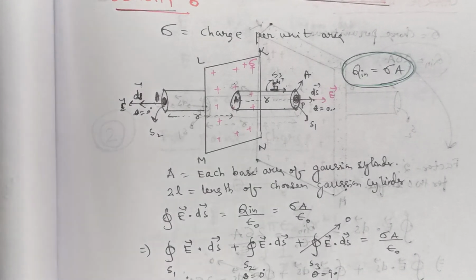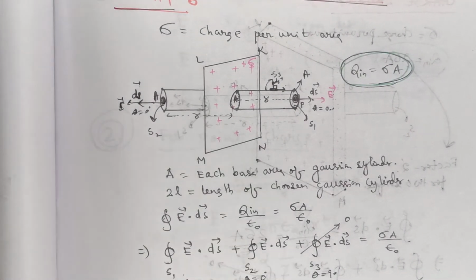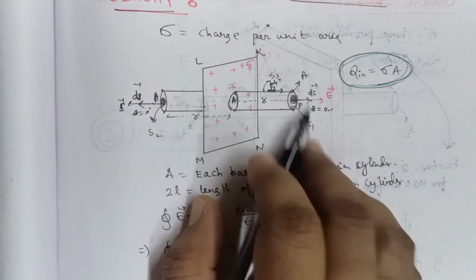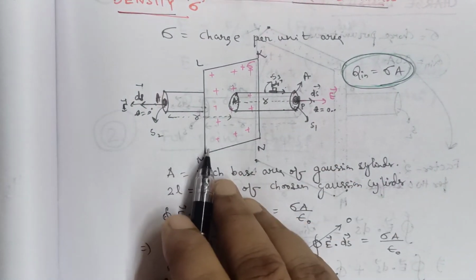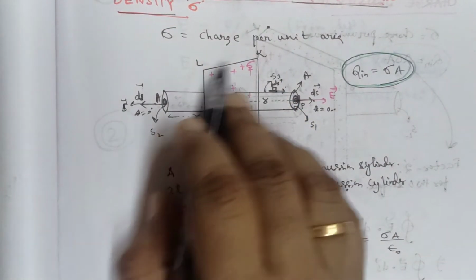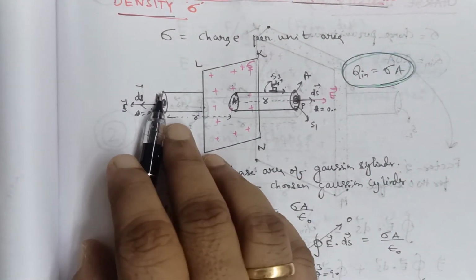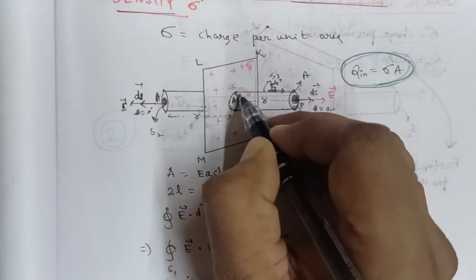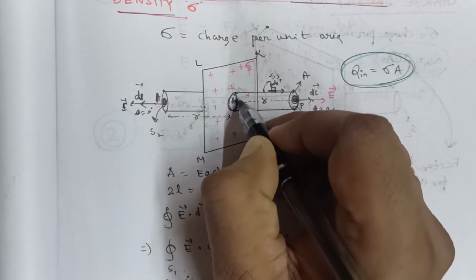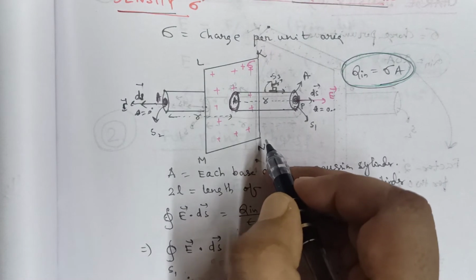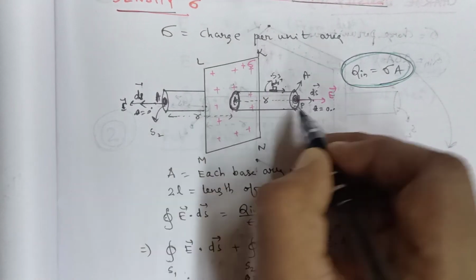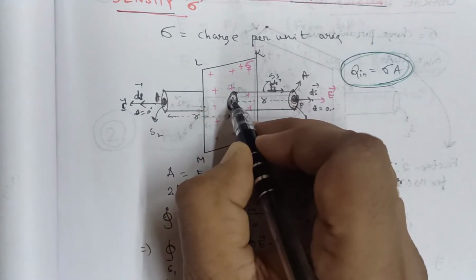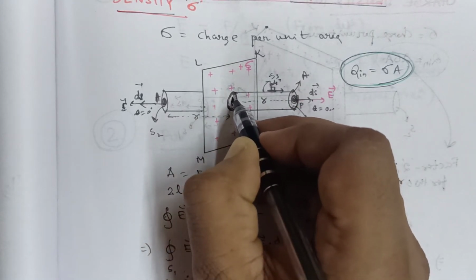Before going to derivation, first we have to calculate what amount of charge is present inside the Gaussian surface. Your question is about an infinite sheet, but in your Gaussian surface, the infinite sheet is not there. Only this amount of sheet is there, looking like a circular sheet, and its area is A because we have chosen the cylinder base area as A. So how much charge resides here?